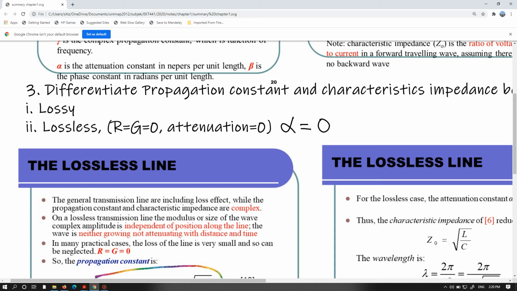There is no attenuation, so that we can easily calculate certain parameters. This is an ideal case that will definitely not happen in the practical world, but to simplify our calculation, we can assume the resistance and the shunt resistance are negligible, meaning that they are very, very low, so we can assume there is no attenuation.